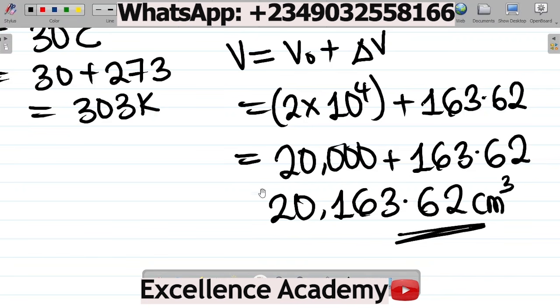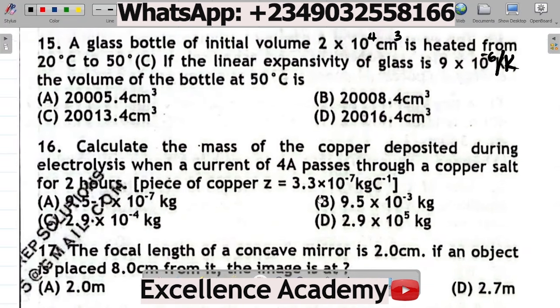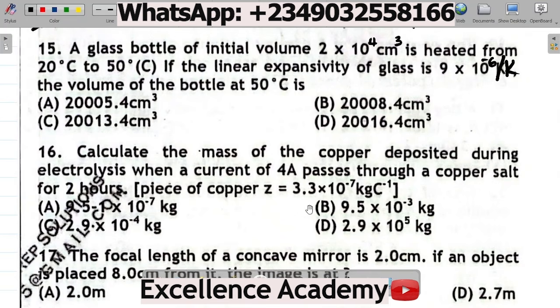So let's see which option matches this. 20,163 point something. The correct answer is actually here. You'll get the other answer if you do not convert the temperature.